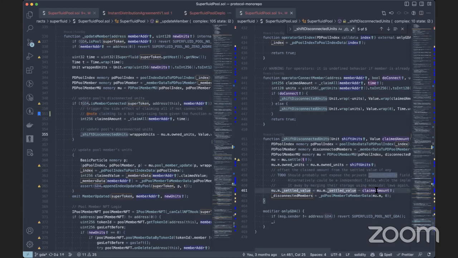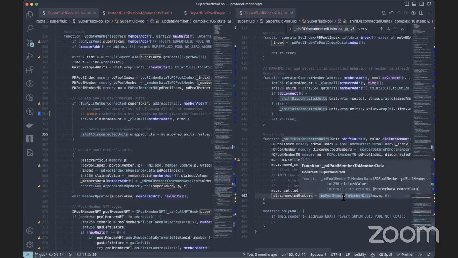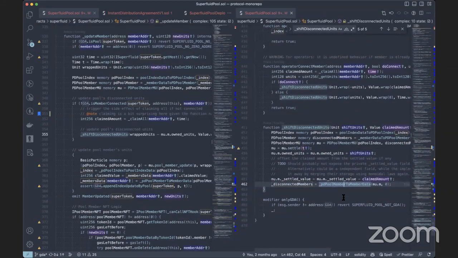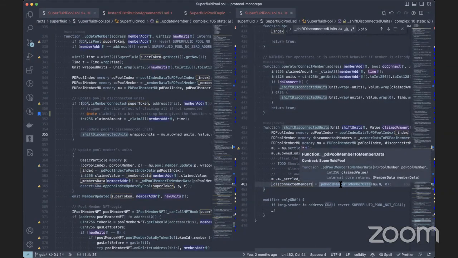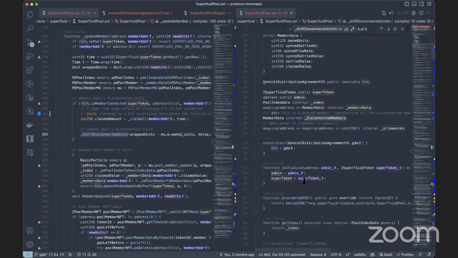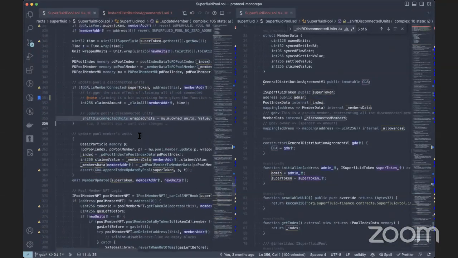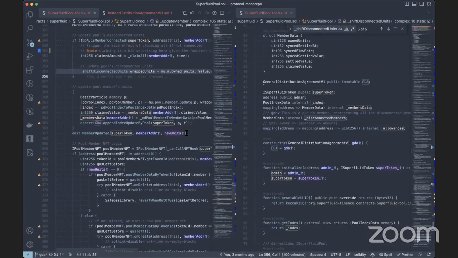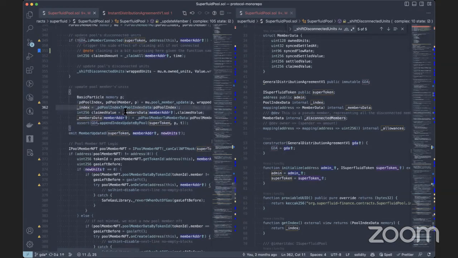And then adding claimed amount to settled value, and updating the disconnected members in the pool state as well. So this is just an accounting function, basically. Then lastly, this is the block of code that actually updates the pool members units.